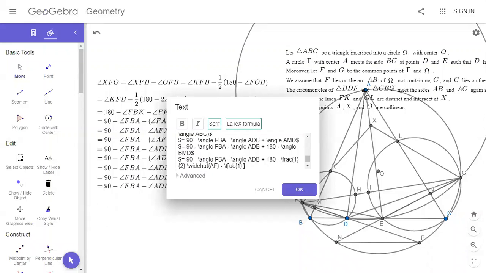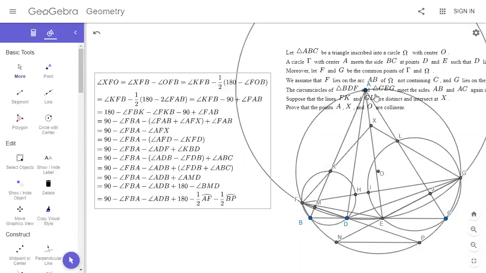I might put this problem in a separate video, just because it's so long. Okay, and then, so that's angle XFO is equal to all this.